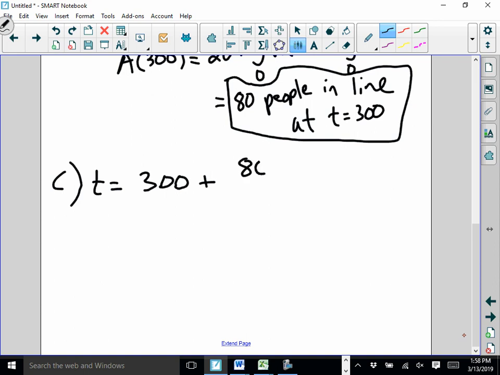I'm going to take the 80 people and divide by people per second to give me a unit in terms of seconds, right? You can do unit analysis here. This is in people. This is in people per second. When I divide by a fraction, I multiply by the reciprocal, and I get seconds as my unit. Okay, so I'm going to go ahead and do that on my calculator.